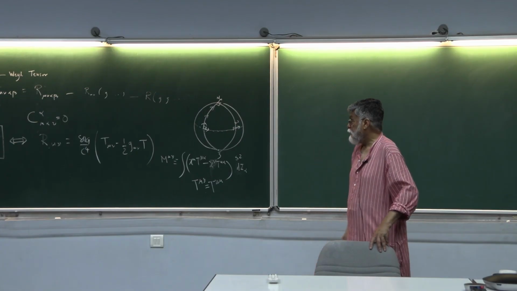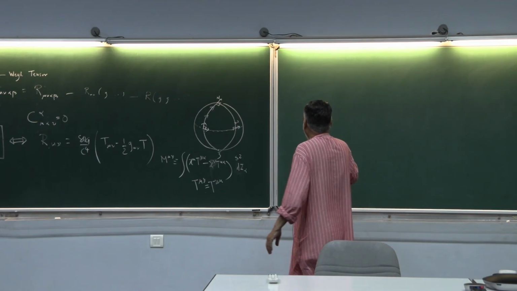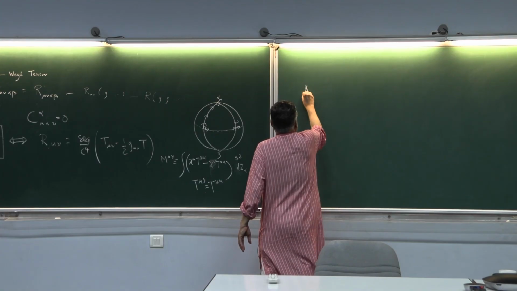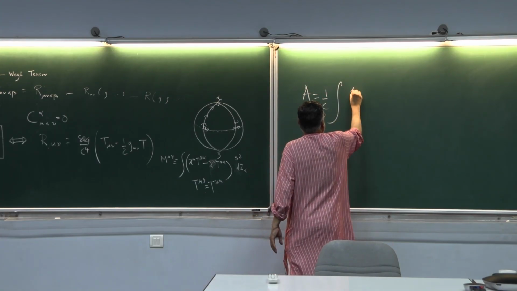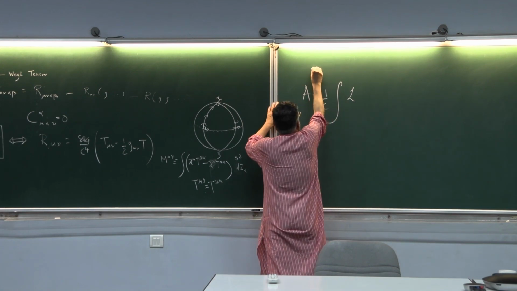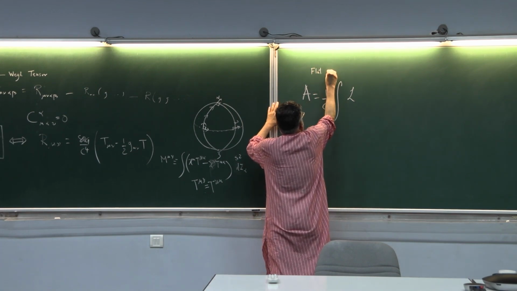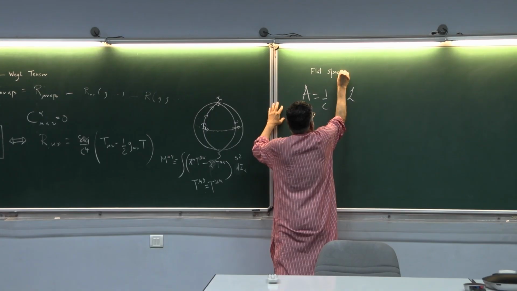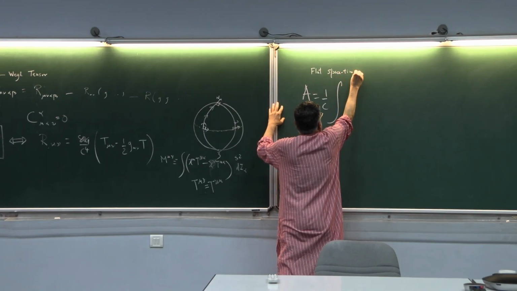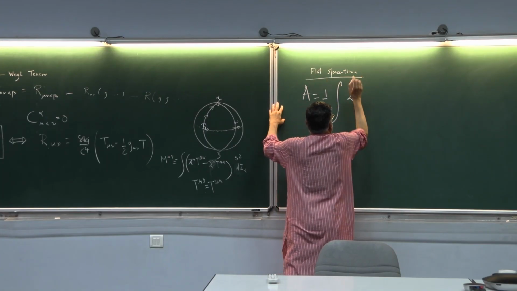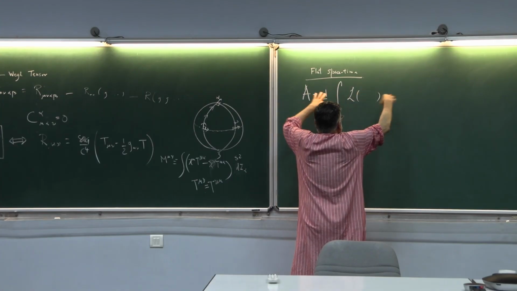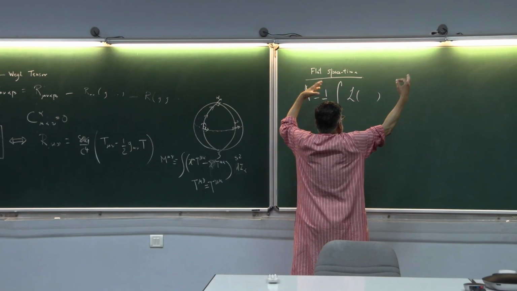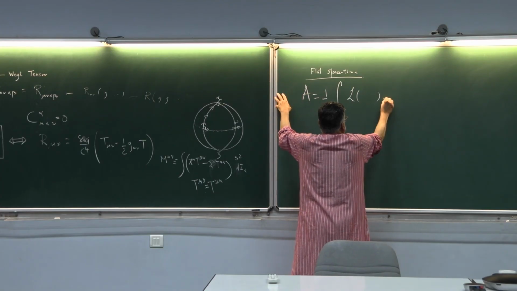So in general, action is 1 over c integral of the Lagrangian density. I am talking about flat space time now again. The Lagrangian will be a function of the fields, particle trajectories, etc., doesn't matter, and d4x.